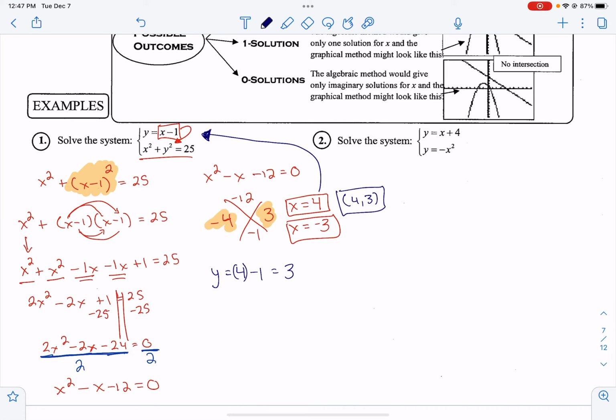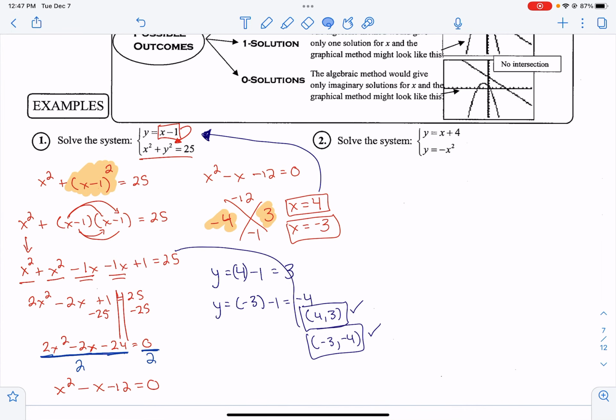There's one of my answers. But I also need to plug in x equals negative 3 to the same place. So y equals negative 3 minus 1, which equals negative 4. So when x was negative 3, my y became negative 4. So there's my other answer. So that tells me that I'm going to cross in two different places.